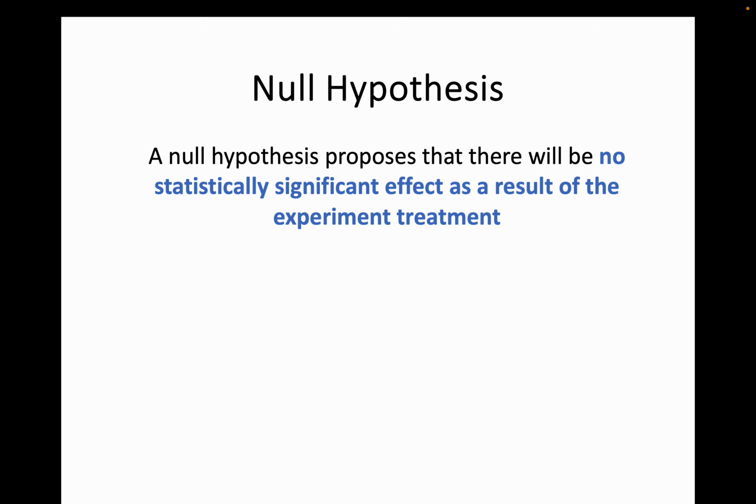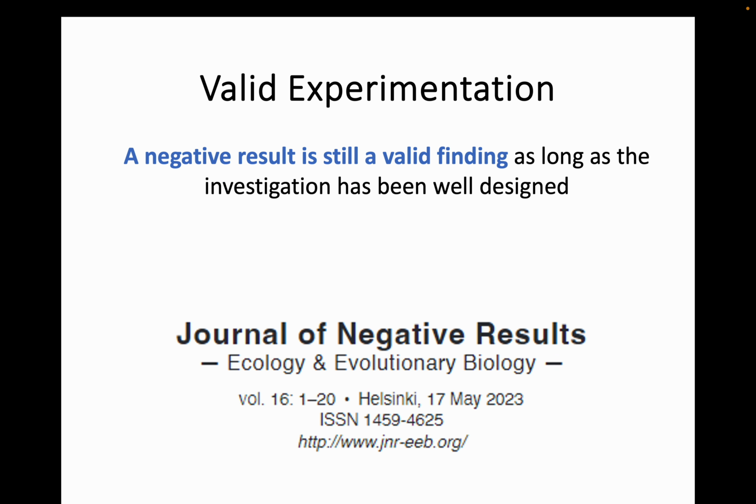If you have a statistically significant increase or decrease due to the variable you've used, due to the treatment you've used, then what's then going to happen is you're able to reject the null hypothesis because you can say there has been a difference. So therefore there has been an effect, therefore the null hypothesis is wrong, and ideally your hypothesis is right. So null hypothesis, there will be no effect due to your treatment.